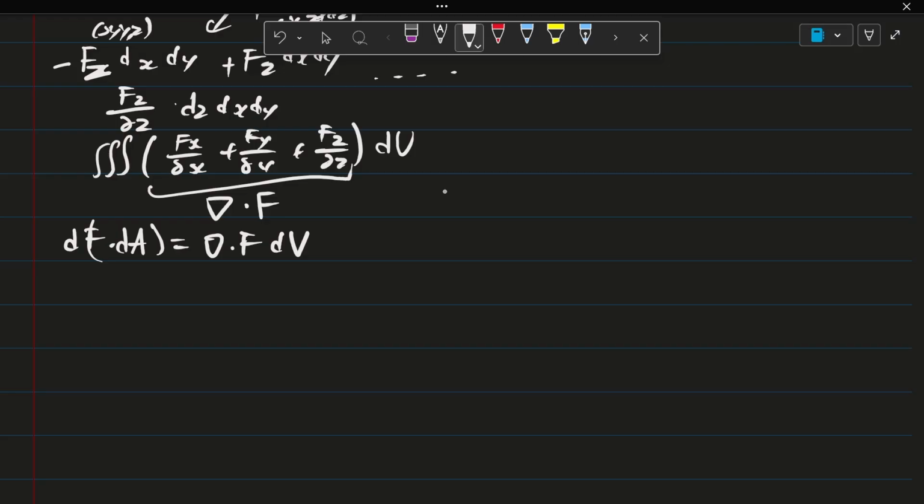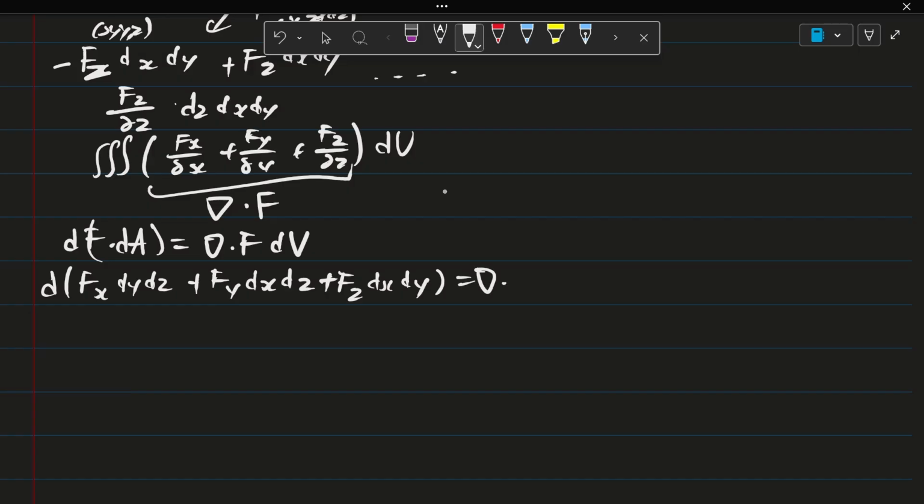So we could just solve for the front part first. This is the fx in the dy dz plus the fy in the dx dz, and then lastly fz in the dx dy directions. This would be the nabla dot f dv.